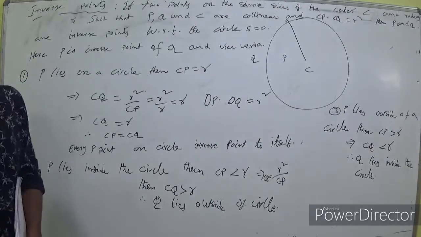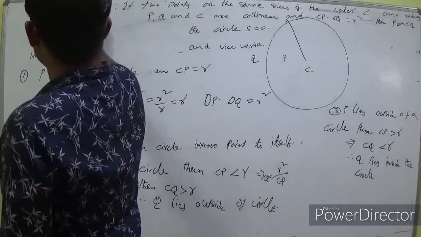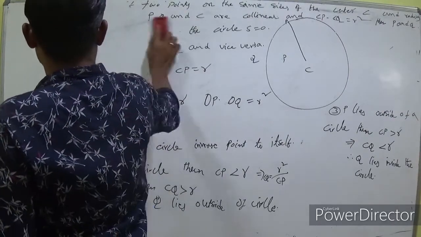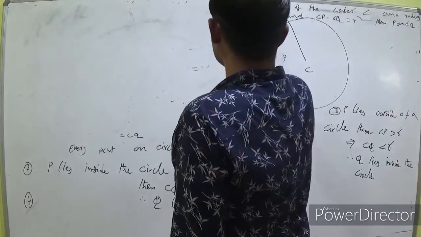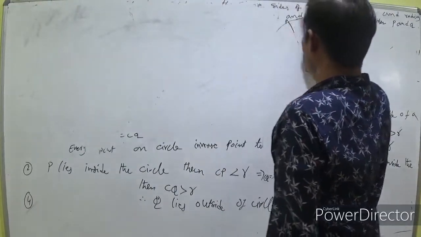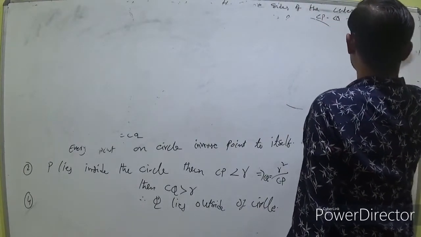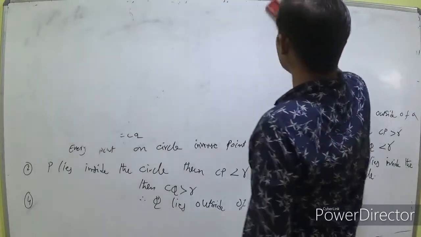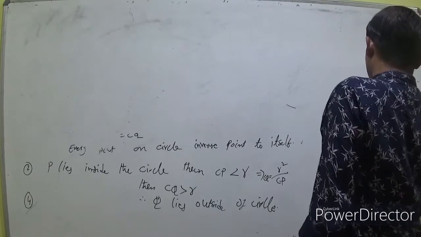Fourth point: inside, outside, on the circle, the inverse points. The condition of inverse points is, with center C, suppose P and Q are any two points, then CP dot CQ equal to R square.